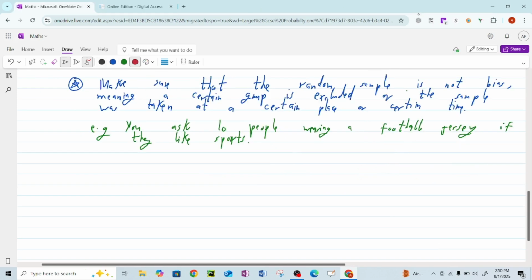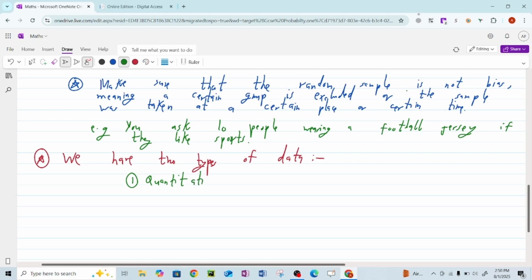Okay, now we have to know some things over here, that we have two types of data. Quantitative data and qualitative data. I'm going to explain what those are.